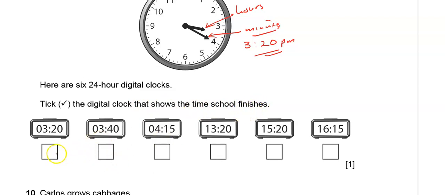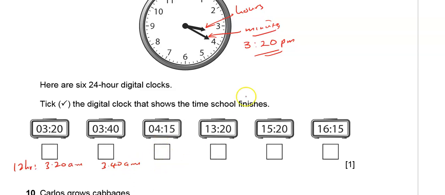Of course, this is 03:20. This is in 12-hour clock. This is 3:20 a.m. You convert this. This will be 3:40 a.m. in the morning.